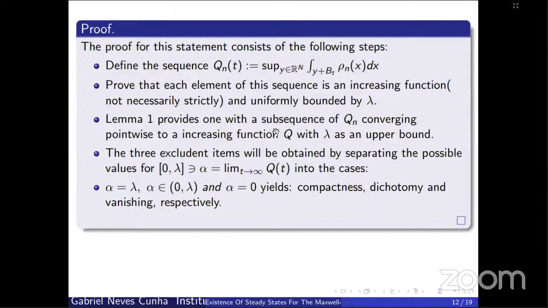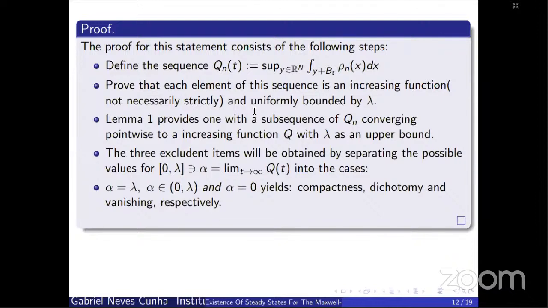Since this function k is increasing, we can take the limit when t goes to infinity, and the three possibilities for the limit produce the three cases of the compactness lemma. Essentially, the proof of the lemma is not very complicated, although in reality it is quite difficult to make these calculations fit because of the many details, though the math is quite simple.